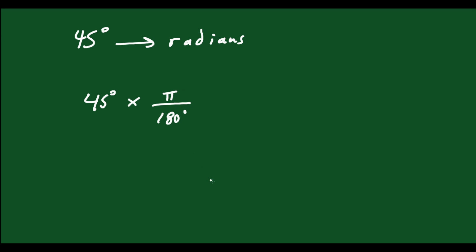The reason I'm using that is because pi and 180 degrees are the same thing. So when you divide them, this fraction altogether is just equal to 1, which is why we're allowed to multiply it. And the degrees will cancel on the top and bottom, because those are both in degrees. That's the unit. And you're left with radians on top. So when you multiply this together and simplify, it becomes pi over 4. And again, that's in radians, but you don't have to write that.